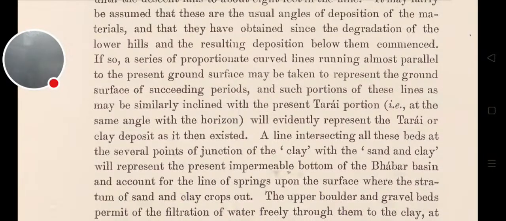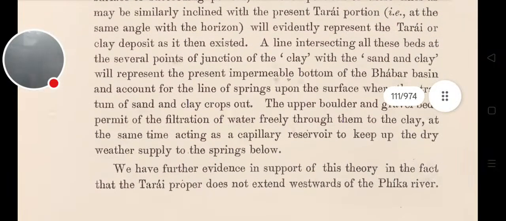If so, a series of proportionate curved lines running almost parallel to the present ground surface may be taken to represent the ground surface of succeeding periods, and such portions of these lines as may be similarly inclined with the present Tarai portion, that is, at the same angle with the horizon, will evidently represent the Tarai or clay deposit as it then existed.